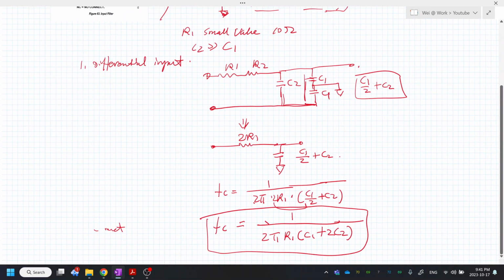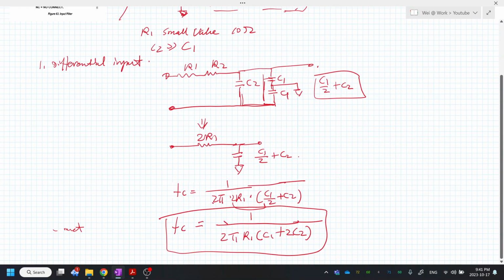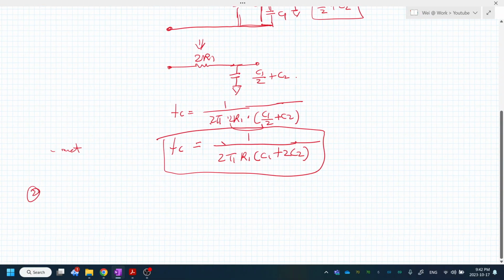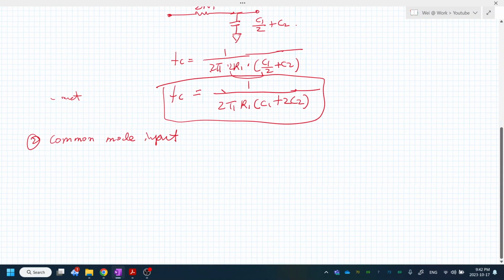Okay, and the second case is for common mode input. Let's redraw this structure here.